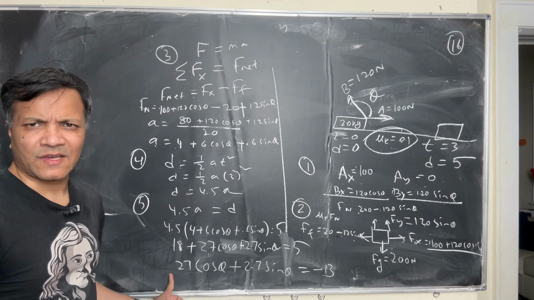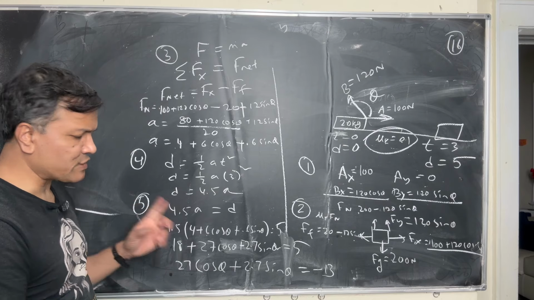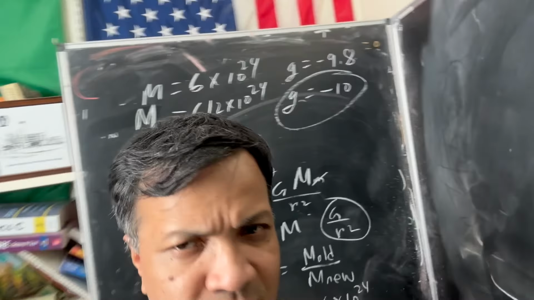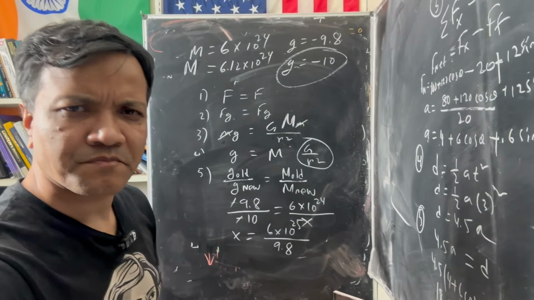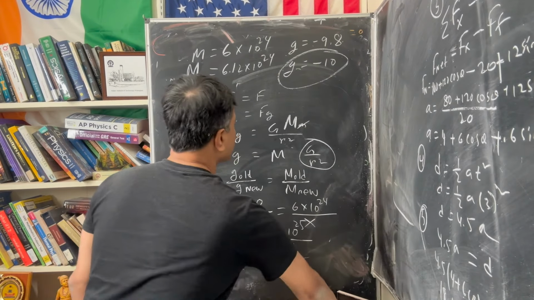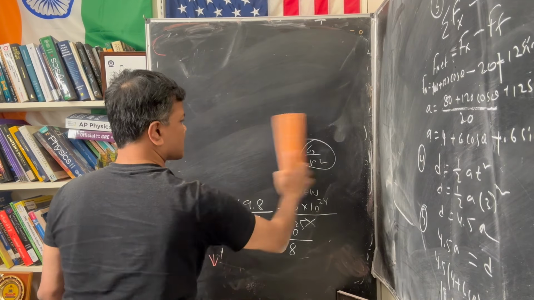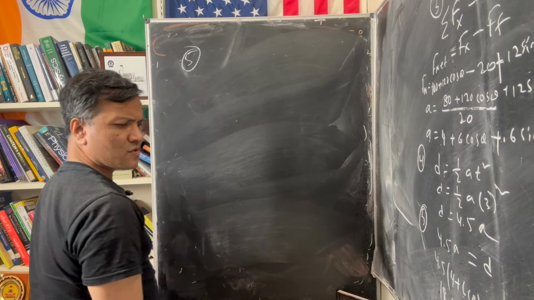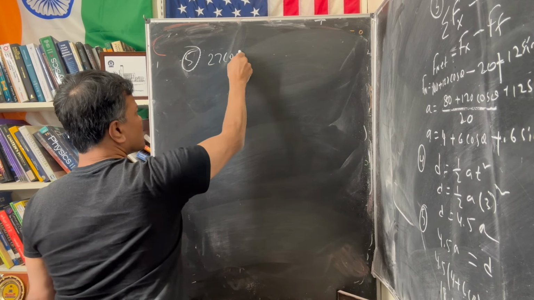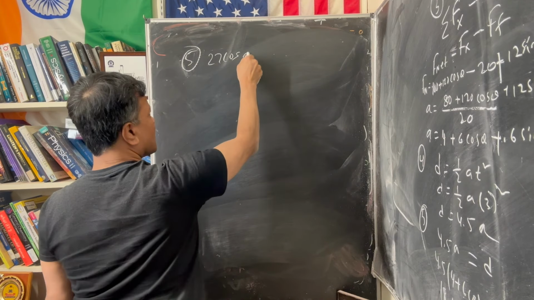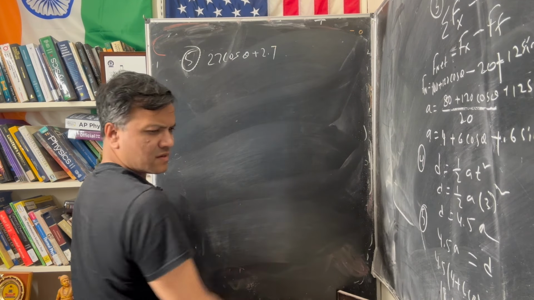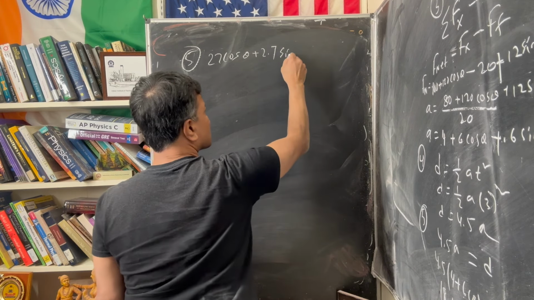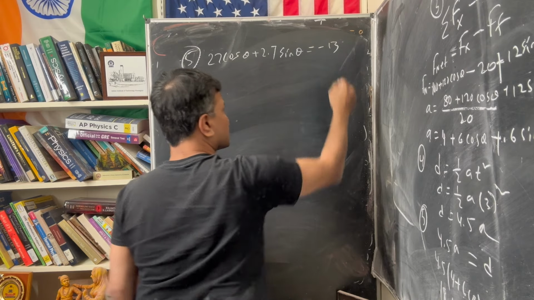So this is our step 5. Now we're going to go to step 6. To go to step 6, I'm going to take you over here. All right. So step 6. Remember, step 5 is this: 27 cosine theta plus 2.7 sine theta is equal to negative 13.